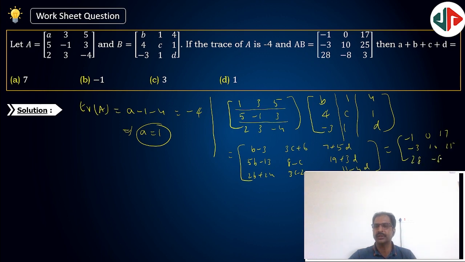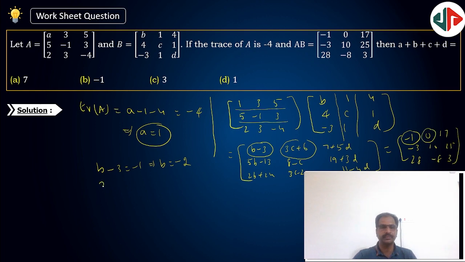28 minus 8 3]. Now we know that two matrices are equal when the corresponding elements of the two matrices are equal. From that you can find b. So b minus 3 is equal to minus 1, implies b is equal to minus 2. Next, 3c plus 6 is equal to 0, implies c is equal to minus 2.